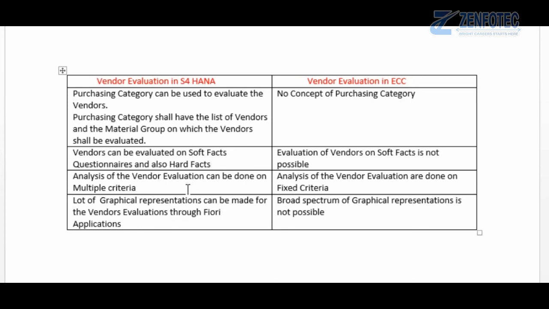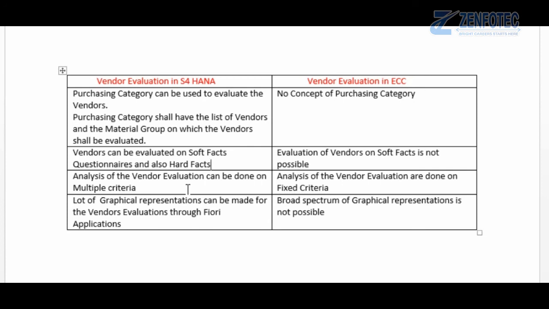Analysis of the vendor evaluation can be done in multiple criteria. We saw the analysis just now between 2 vendors. Very limited criteria. But when we do the vendor evaluation in SAP S/4HANA, we will be using Fiori applications. We can evaluate the vendors on time. We can evaluate the vendors on quality. We can evaluate the vendors on service. We can evaluate the vendors on questionnaires.